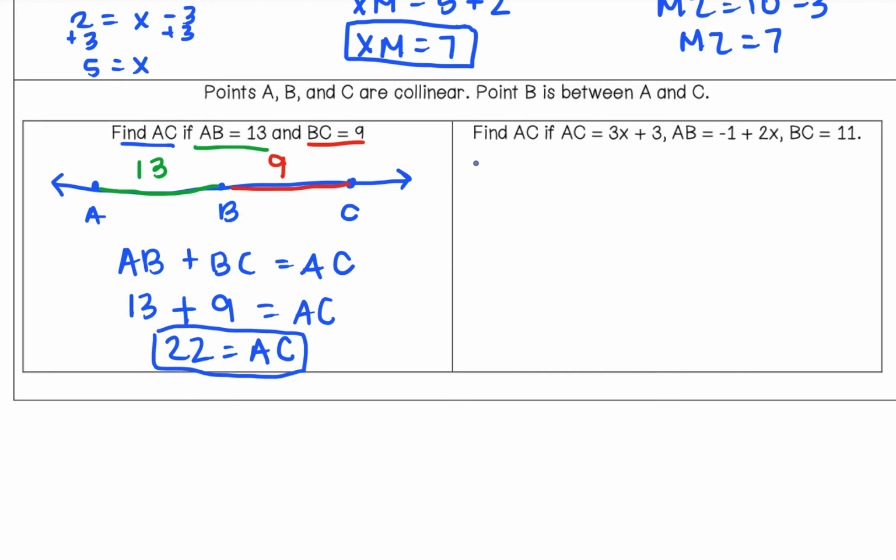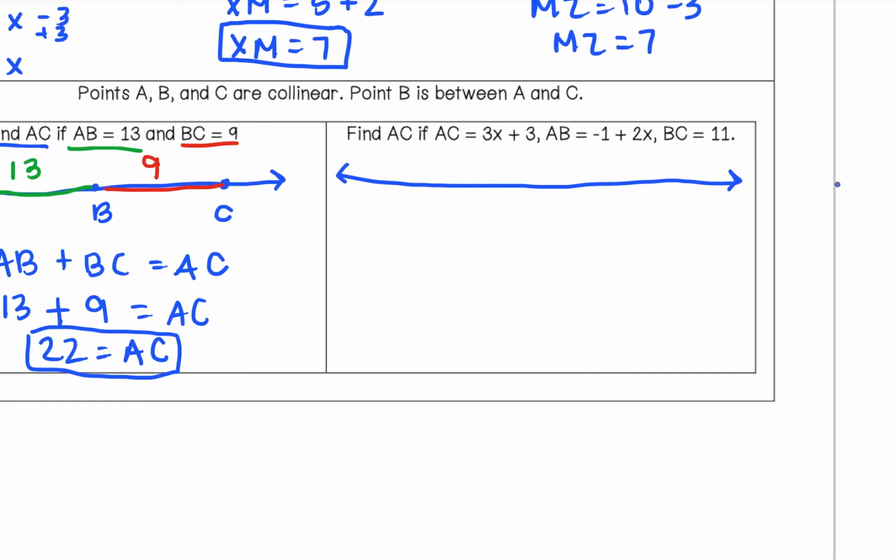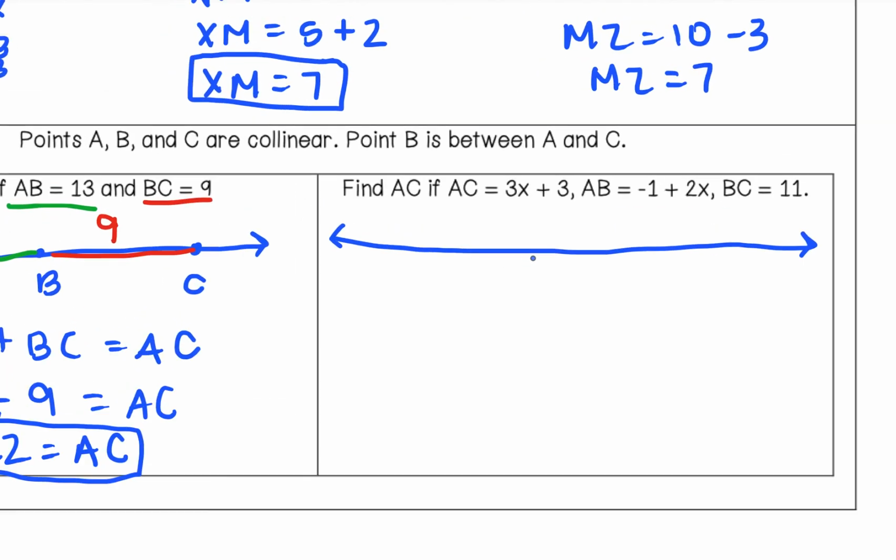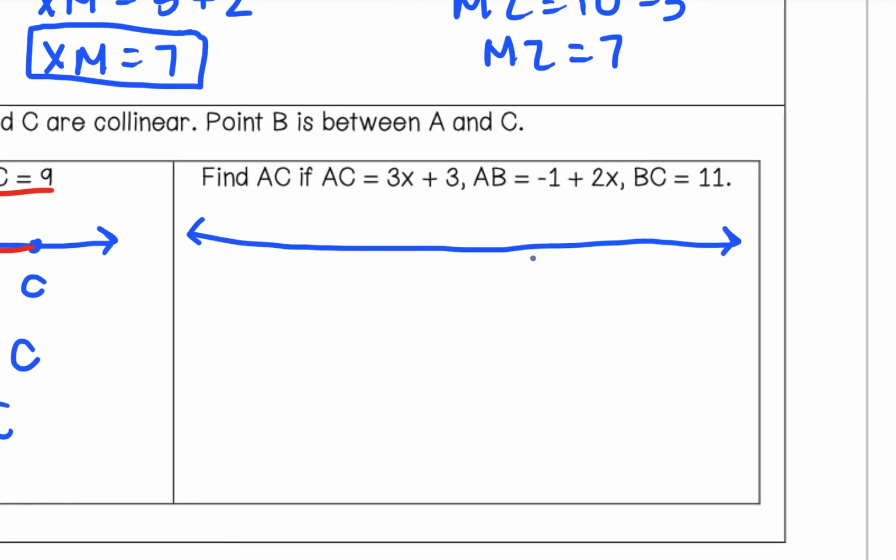Now we have that similar setup in our next example, but it's a little bit more challenging because we have some variables involved. So I'm going to zoom in a little bit on this one so we can see it better. And again, we're starting with the given that A, B, and C are collinear and that B is between A and C. So I'm going to color code again to help us see this.